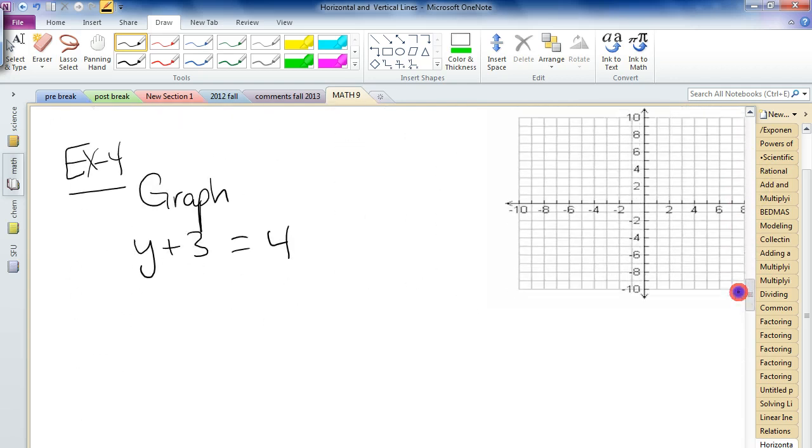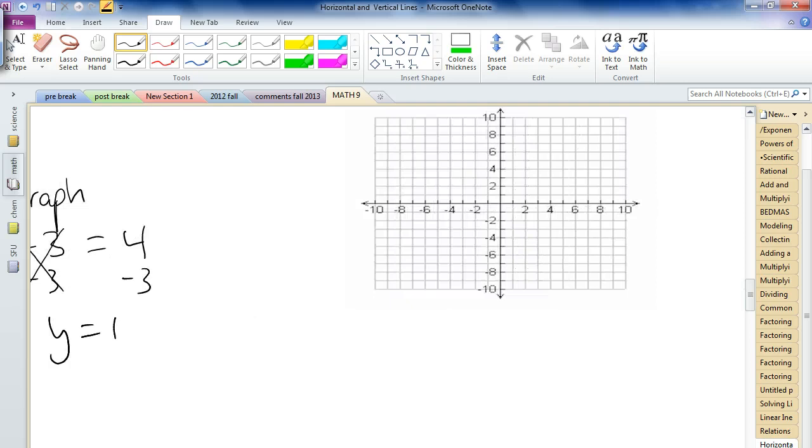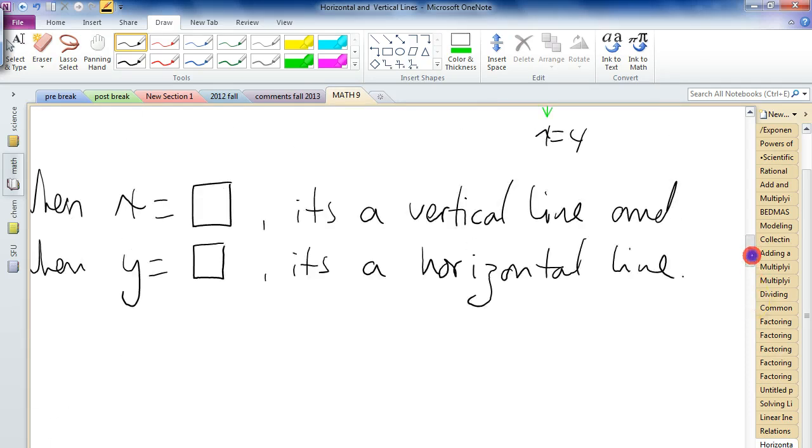Alright, what if you have something like y plus 3 equals 4? Now remember, it's always best to get the variable by itself, the y by itself. So the y is being bugged by the 3. Let's subtract 3 from both sides. You're left with y equals 1. Now we've got to graph y equals 1. Is the line going to be horizontal or vertical? Y's are horizontal, like it says right here.